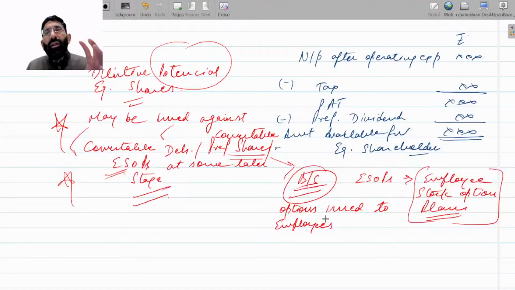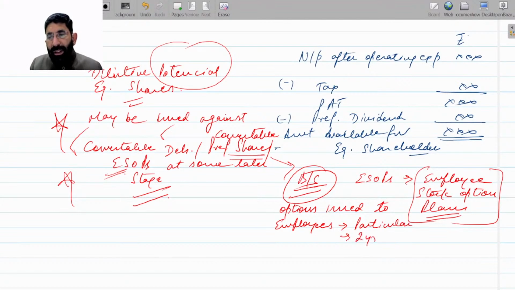This is basically an entitlement, a benefit given to the employee of the company that if you will work with us for a particular period, like 2 years or 3 years or whatever the period has been decided, then you will get equity shares of the company at discounted price.